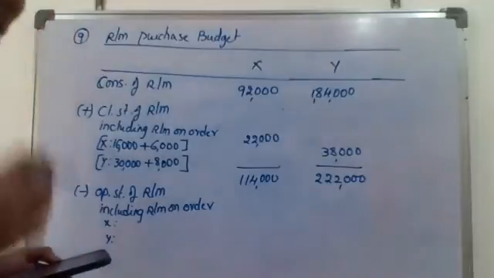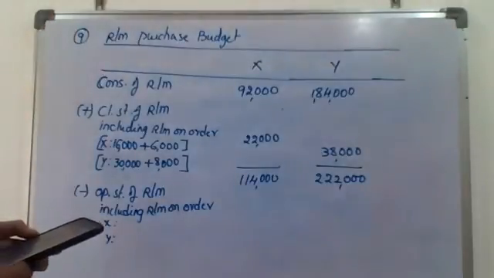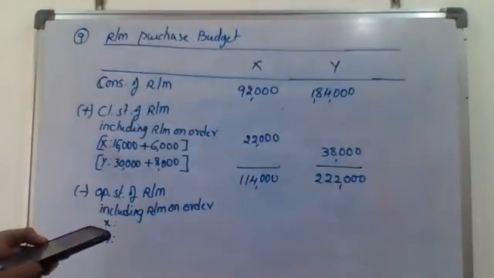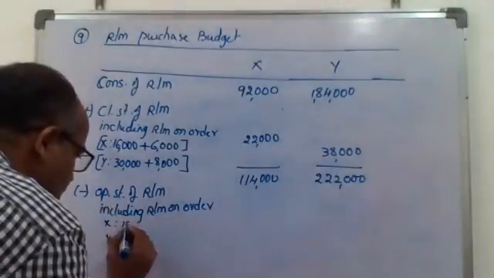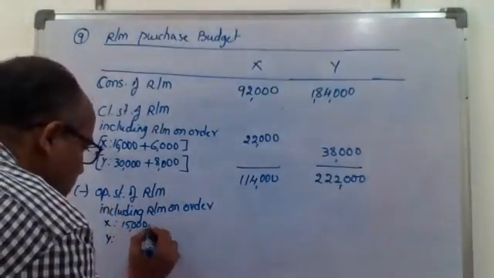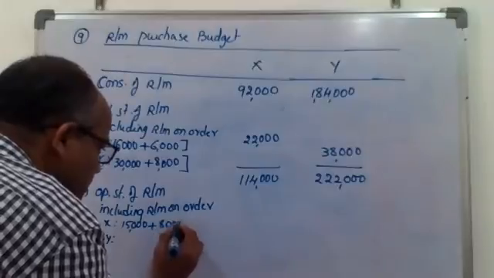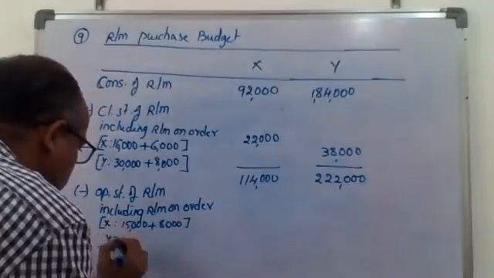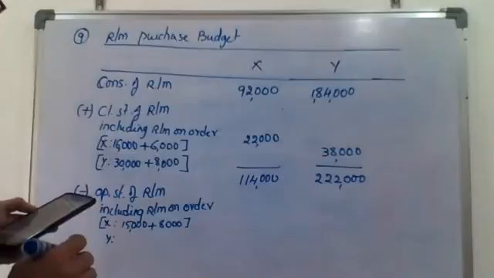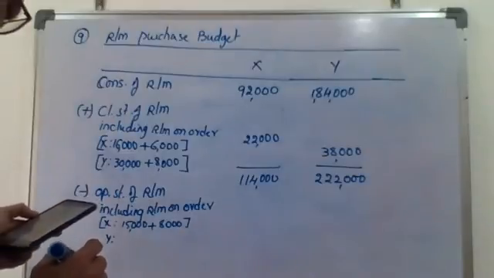Look at the opening stocks. Estimated opening balance of X is 15,000. On order it is 8,000. So it is 15,000 plus 8,000. And Y, opening balance of Y is 25,000. On order is 12,000.